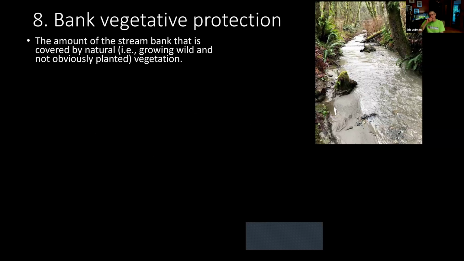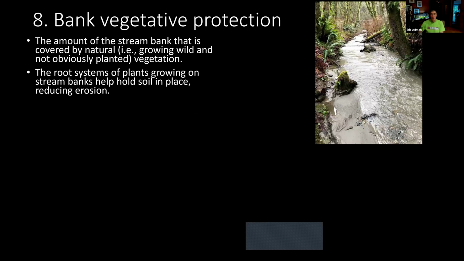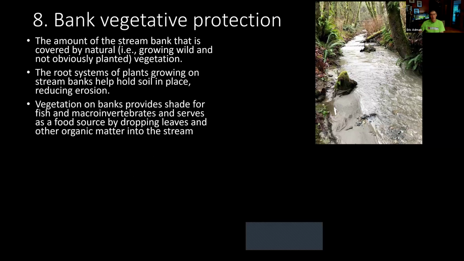Another thing is what's happening on the banks of the stream. What kind of natural vegetation is growing on the banks will help stabilize the bank. If the stream bank has been exposed, it's going to be subject to more erosion.